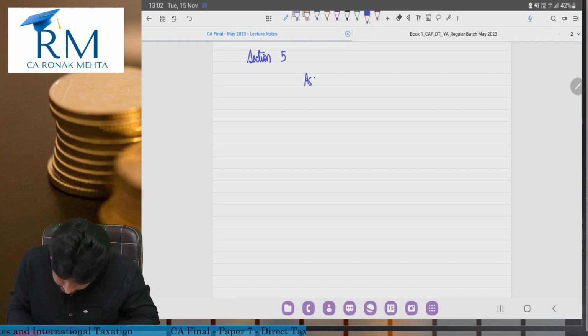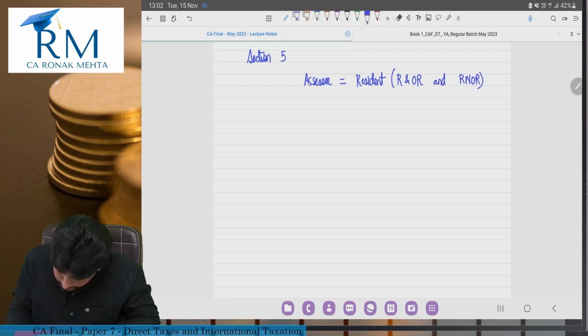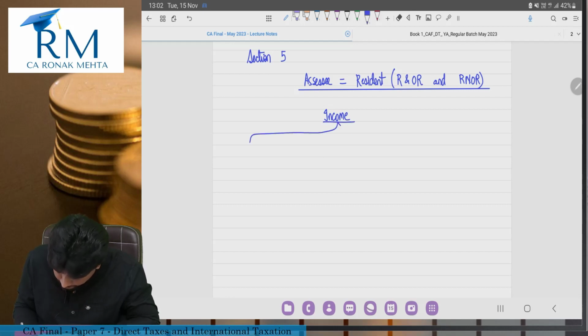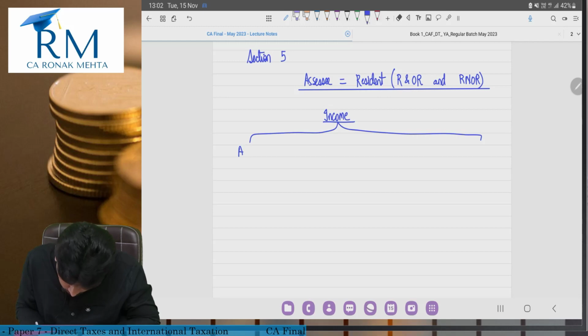My assessee is a resident, and when I say resident, I mean resident and ordinarily resident, and resident but not ordinarily resident. Okay? Now, there are two bases by which I am going to tax the income. One is accrual, the other is receipt.